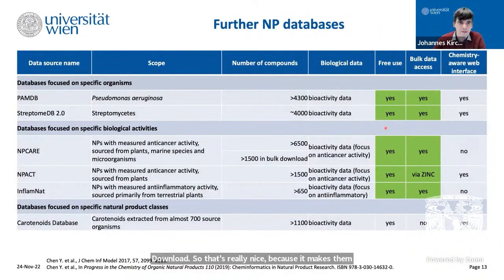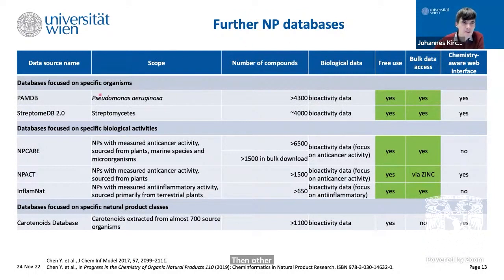Then other databases are also of interest, and they are maybe more focused. For example, on specific organisms, or specific activities like natural products that are related to cancer or inflammation, or specific natural product classes.